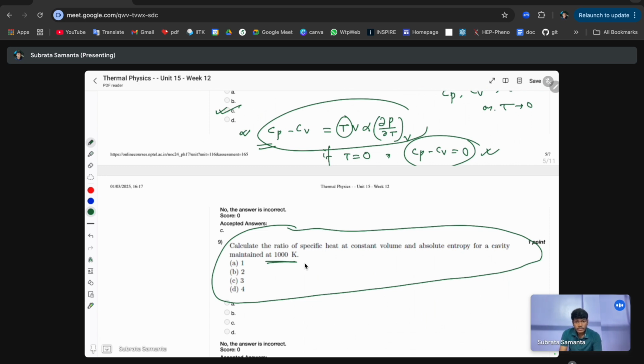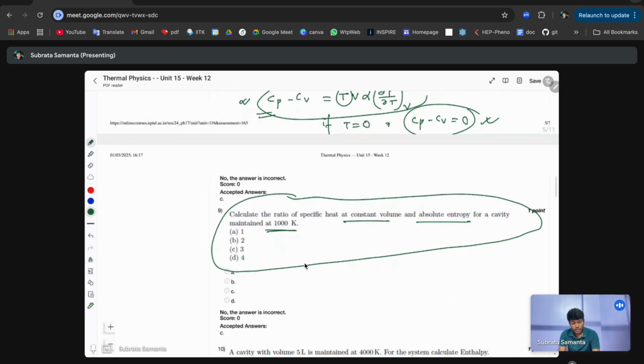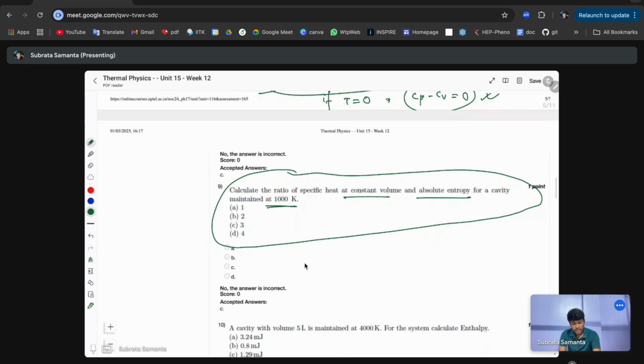So your temperature T is 1000 kelvins, and you have to compute the ratio of Cv over S, right?